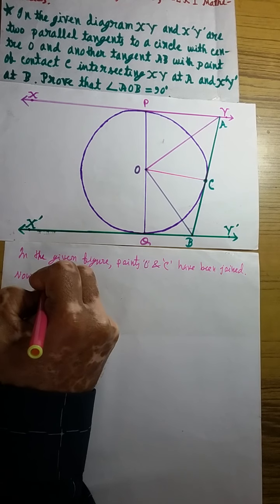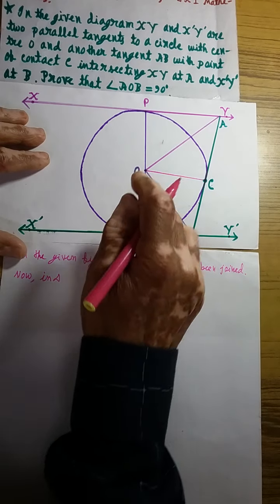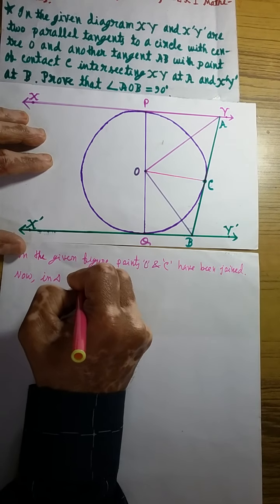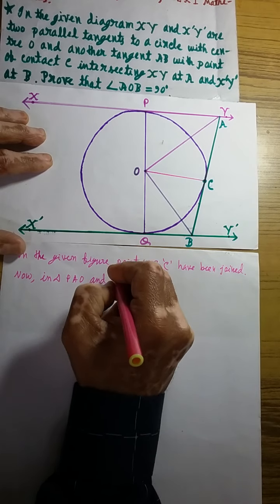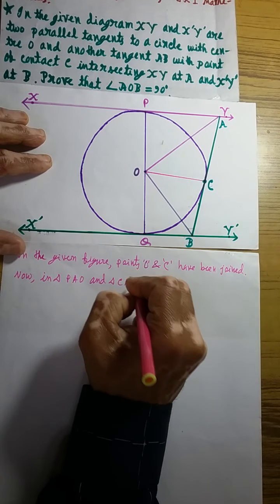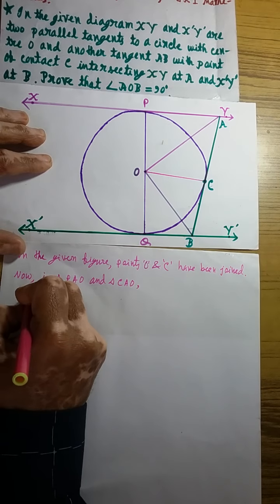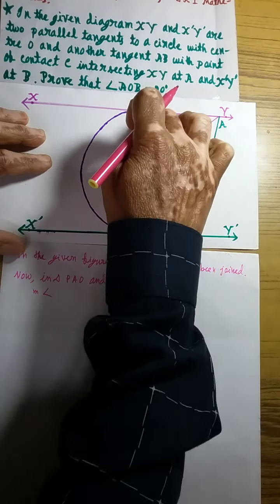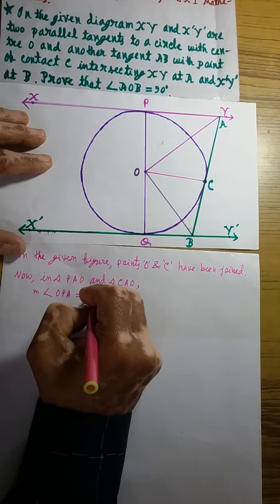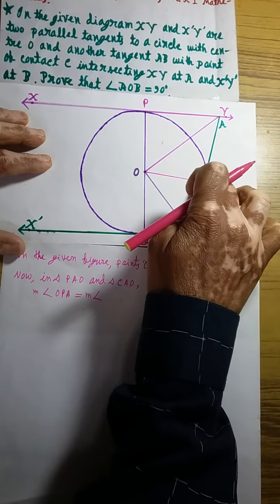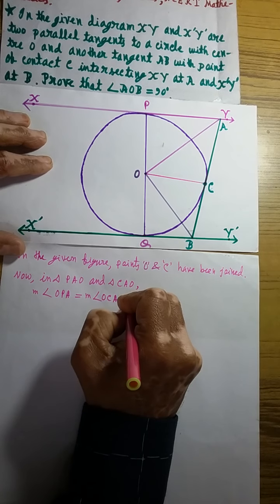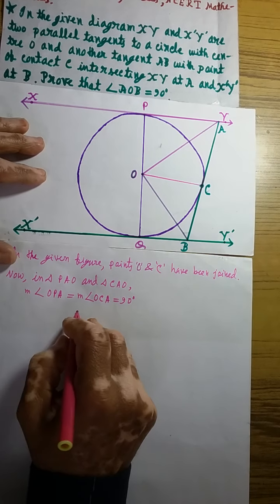Now in triangle PAO and triangle CAO, measure of the angle OPA is equal to measure of the angle OCA is equal to 90 degrees, right?